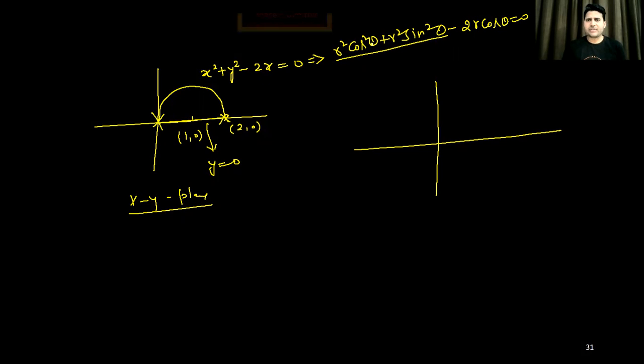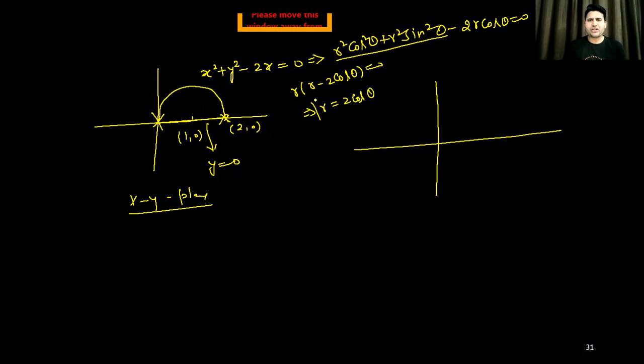So this is r square minus 2r cos theta, and r can be taken common. This will be r times (r minus 2 cos theta), which gives r equals 2 cos theta.